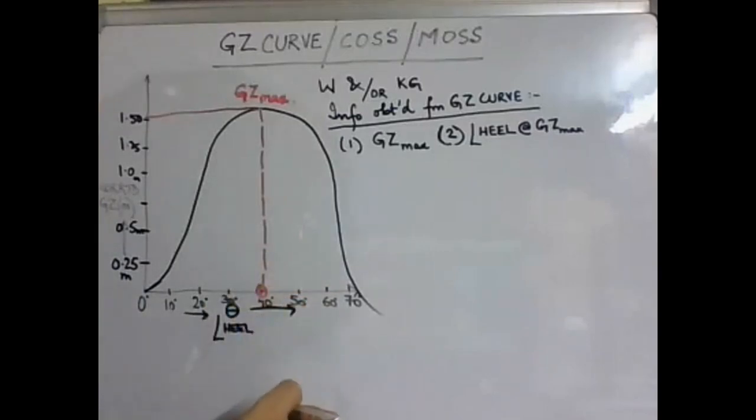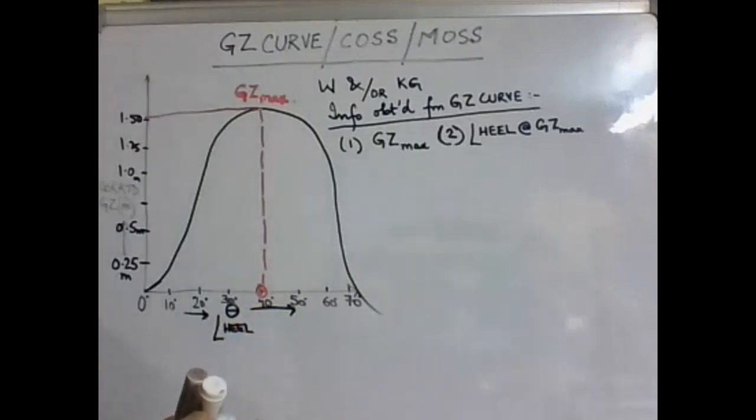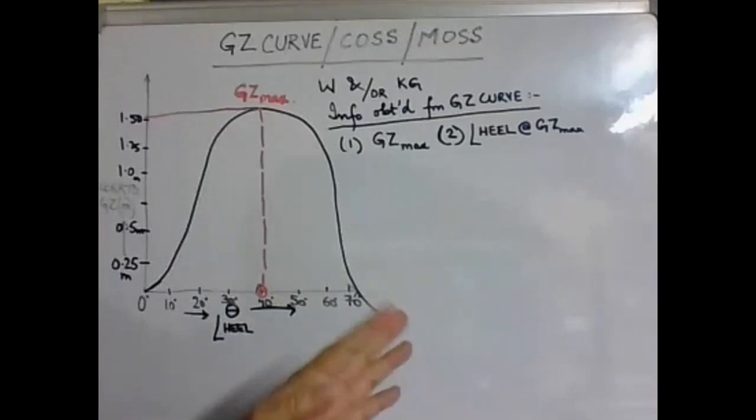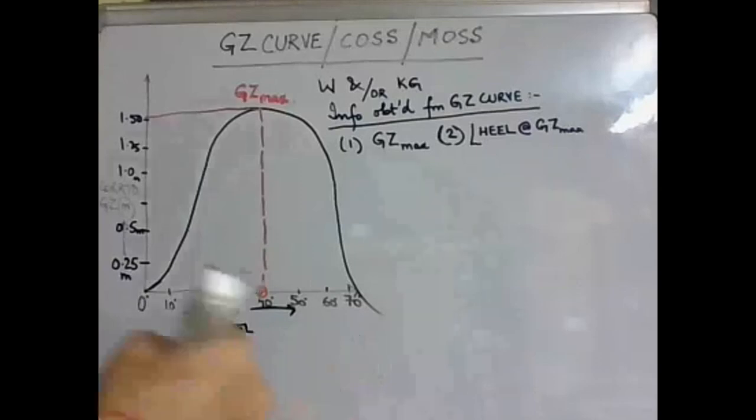This is the angle of heel at GZ max. It can be anywhere around 40 degrees. Can be 45 also, can be 40 also, anywhere around that for our merchant ships.